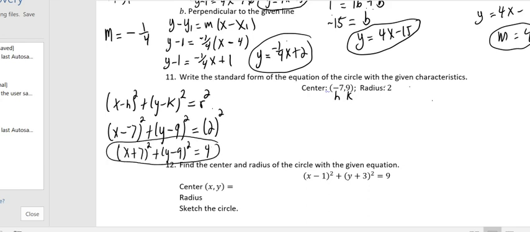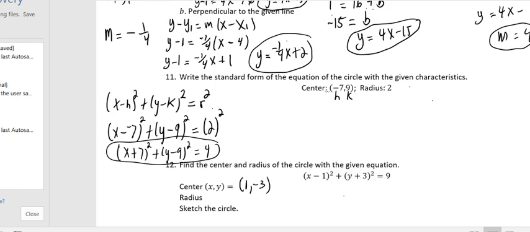Okay, so for 12, it says find the center. So notice here that when it was a negative 7, we actually have a positive 7. It was a positive 9, we have a negative 9. So you can think of it that way. Since I have a negative here, then my center here is a positive 1. Since I have a positive, it's going to be negative.